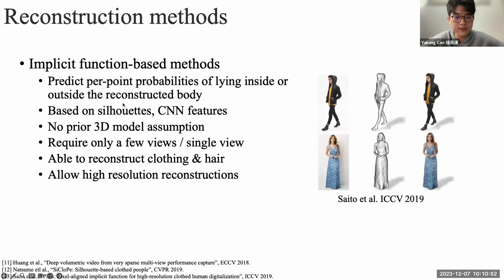More recently, implicit function-based methods were proposed to predict the per point probability of lying inside or outside of the reconstructed 3D human body, the so-called occupancy value. These methods have shown promising results in reconstructing clothing and hair with high-resolution texture details from single or few images.